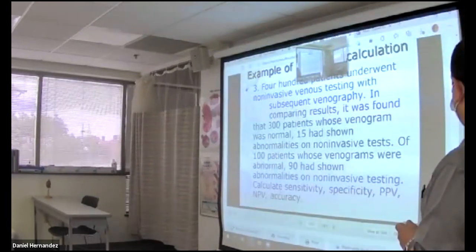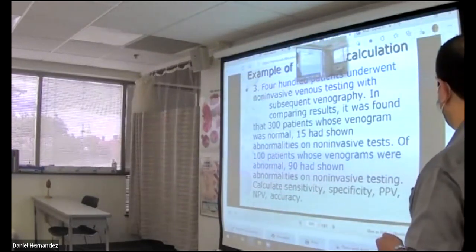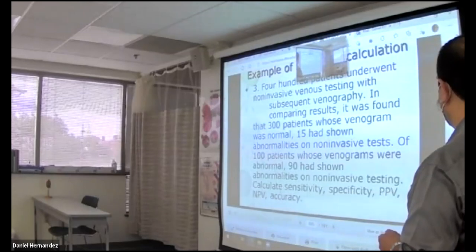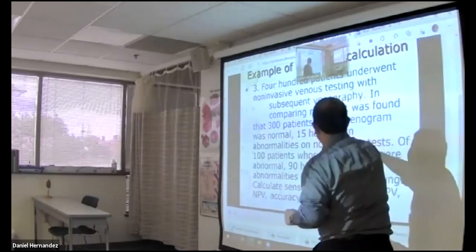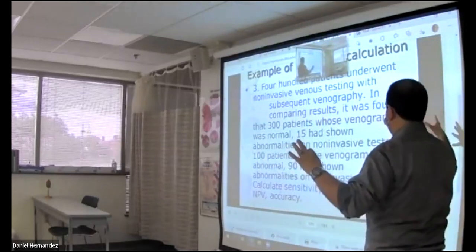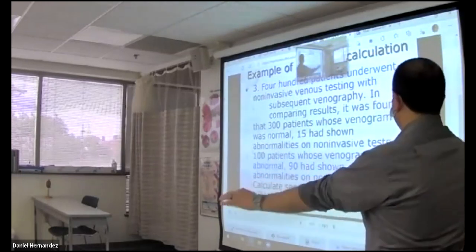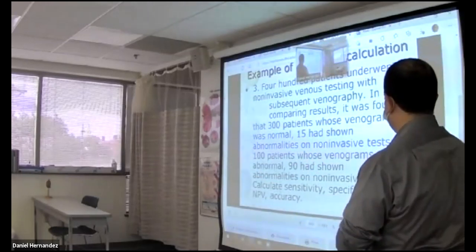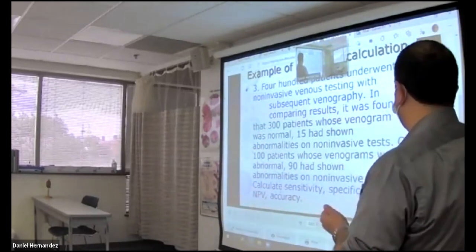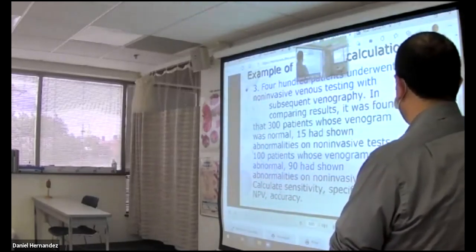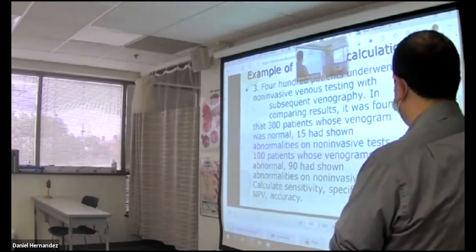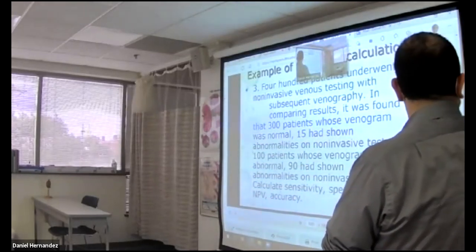Wait, no, 15 showed abnormalities, so that's a false positive. So 300 patients had their venogram normal. Looking at the next slide, 15 had shown abnormalities. She has it under false positive. So this is where I'm getting confused.